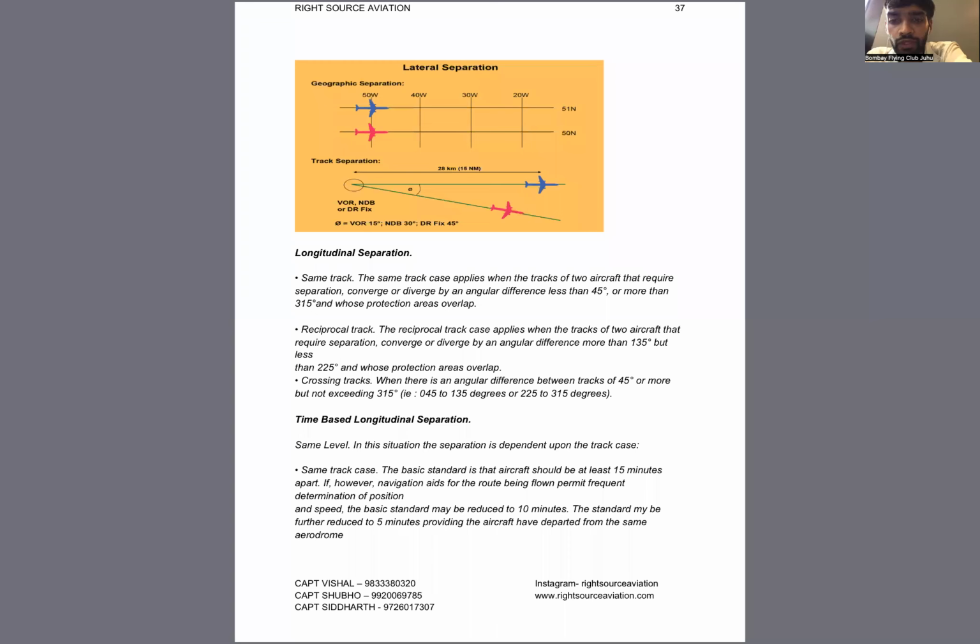Yeah. So is the 15 nautical miles horizontal separation, and 15 nautical miles in front of each other, that is, tail to nose? Yes. No, what I mean is, tell me, if I keep 15 degrees here, the aircraft will be side by side, right? Can I provide separation? Because they are going outward, they will collide here.